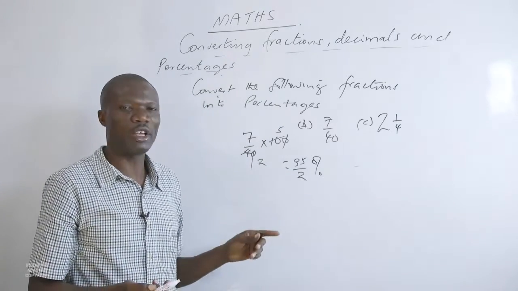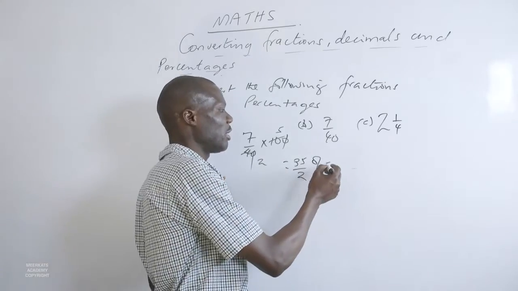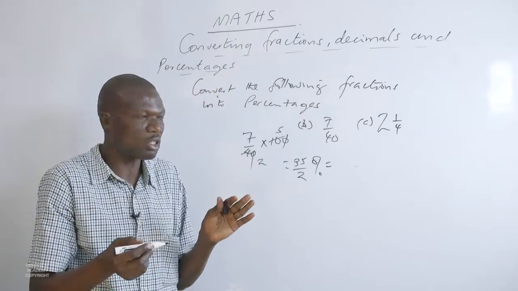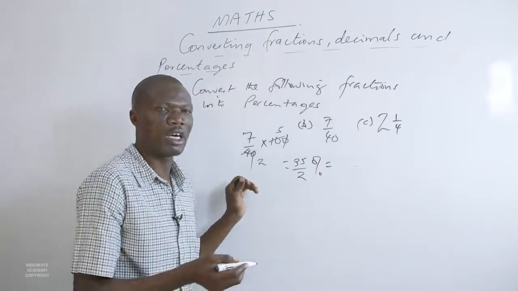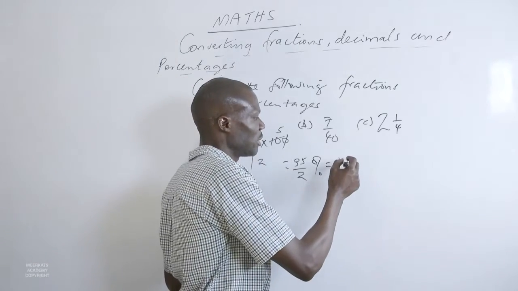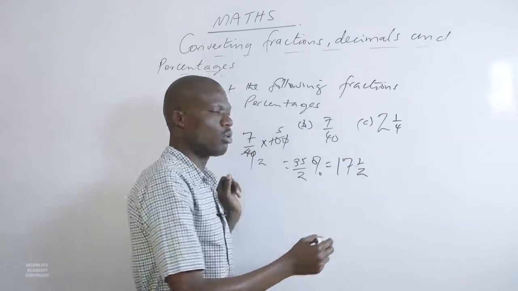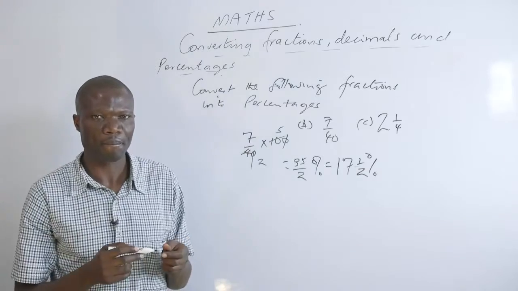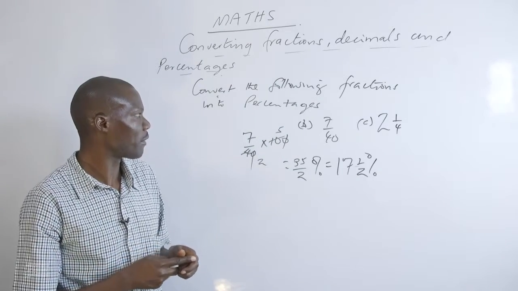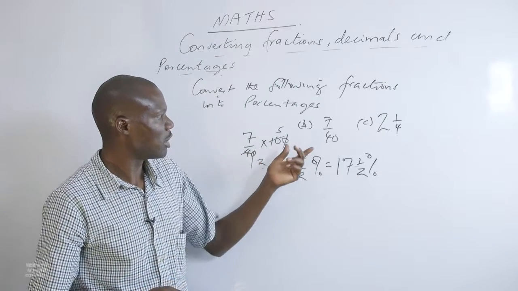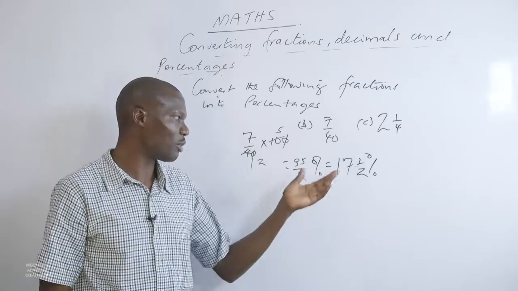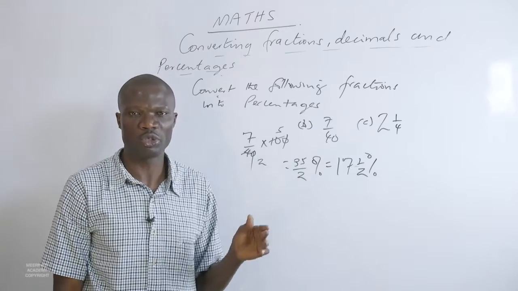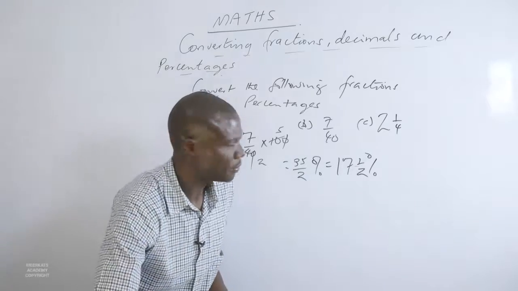However, you can simply go ahead and write it as a mixed numeral. 35/2 is the same as 17 and 1/2%. So 7/40 is equivalent to 17.5%, or 35/2%.